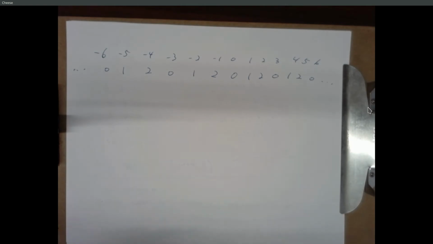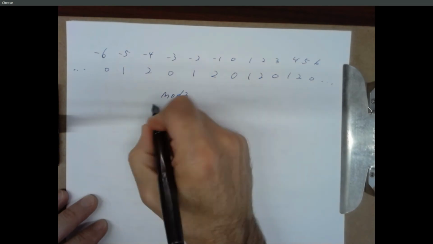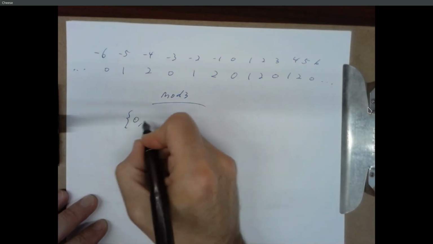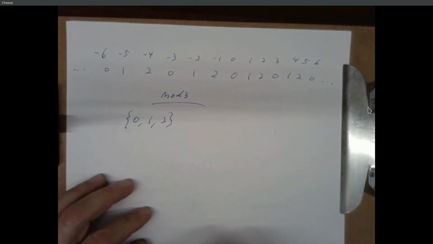So we're going to make a new algebra, and since we're working mod 3, our algebra is going to have the following things in it: 0, 1, and 2, and that's it. And we're going to define addition of these things modulo 3.